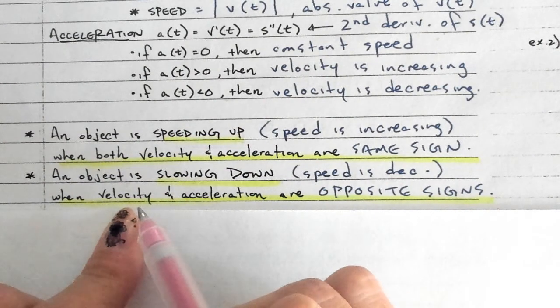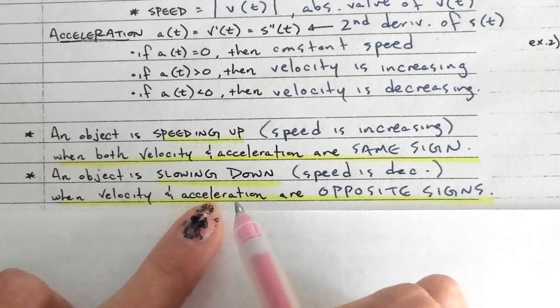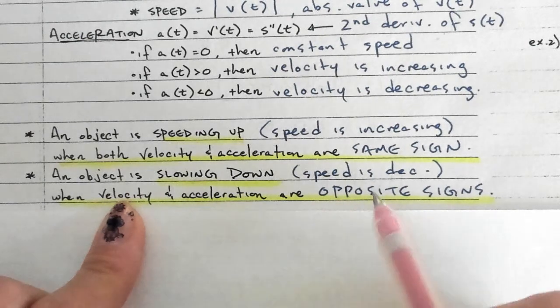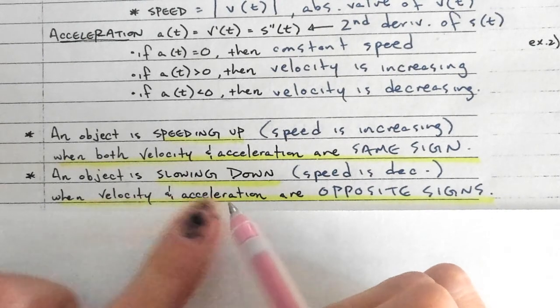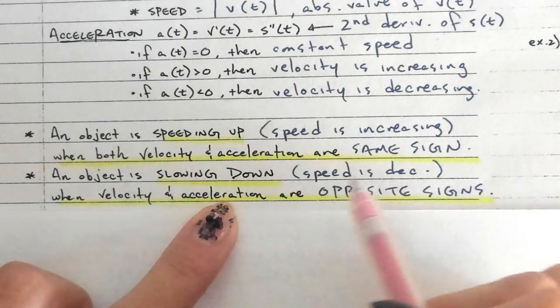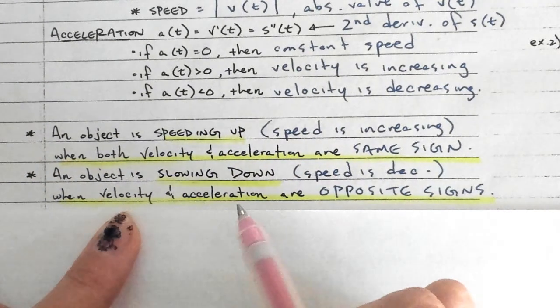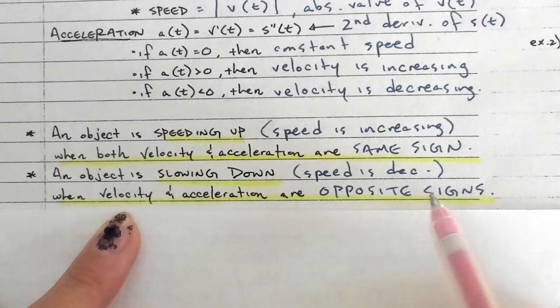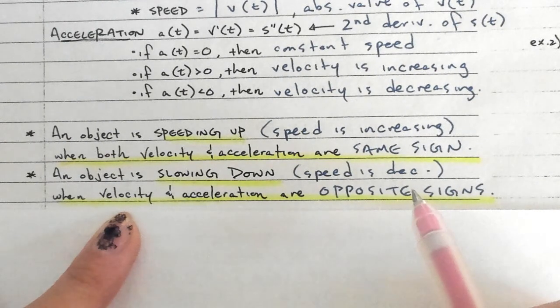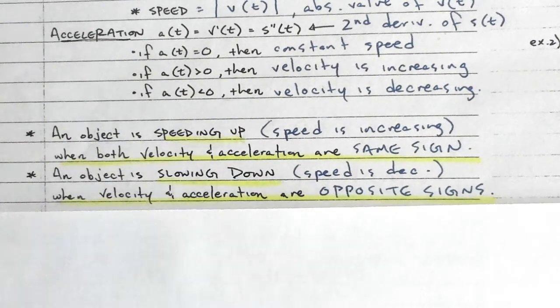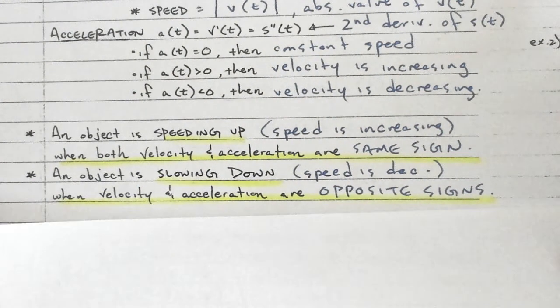Imagine that happening. When your foot's coming off the pedal but you're going north, that's opposite signs. This is positive, this is negative. So that's when your speed is decreasing. If one of them's positive and one of them's negative, your speed is going to be decreasing. Okay, you're slowing down.